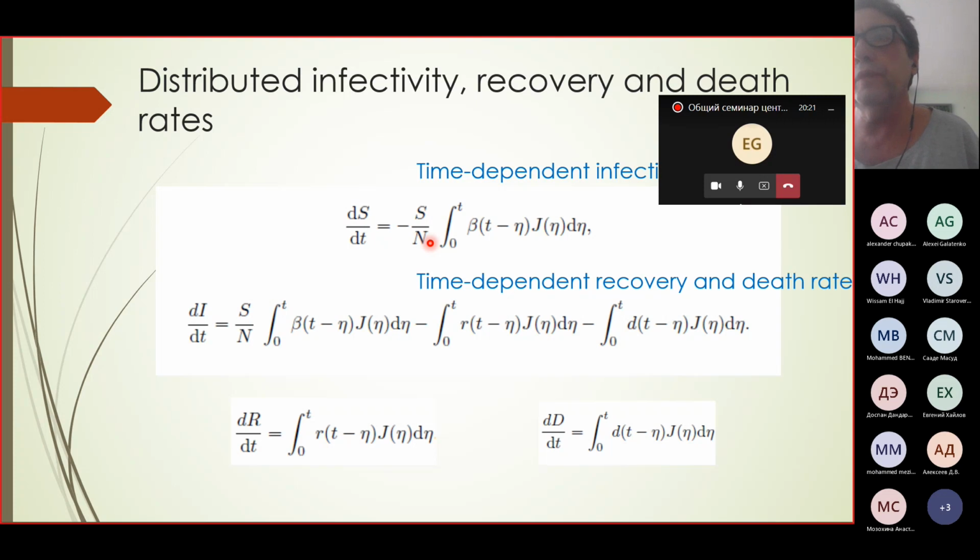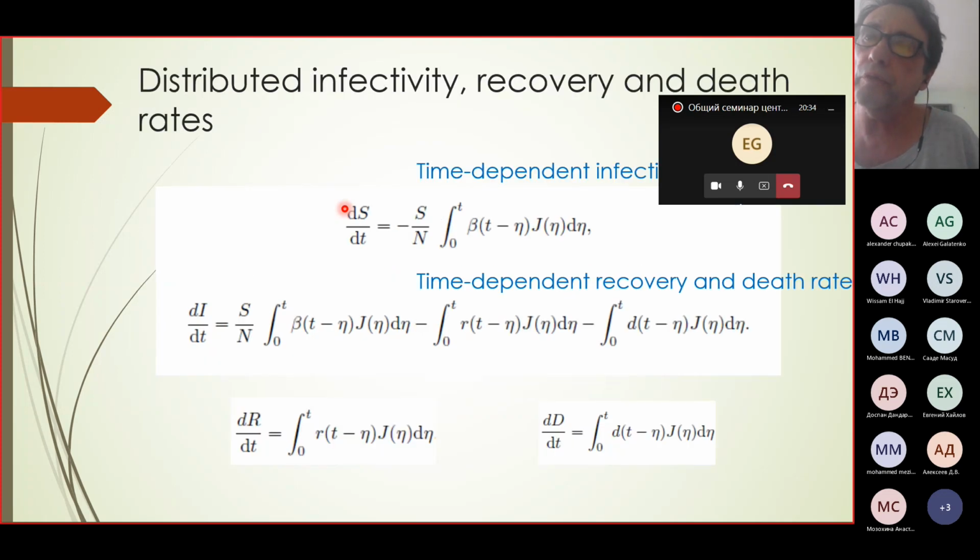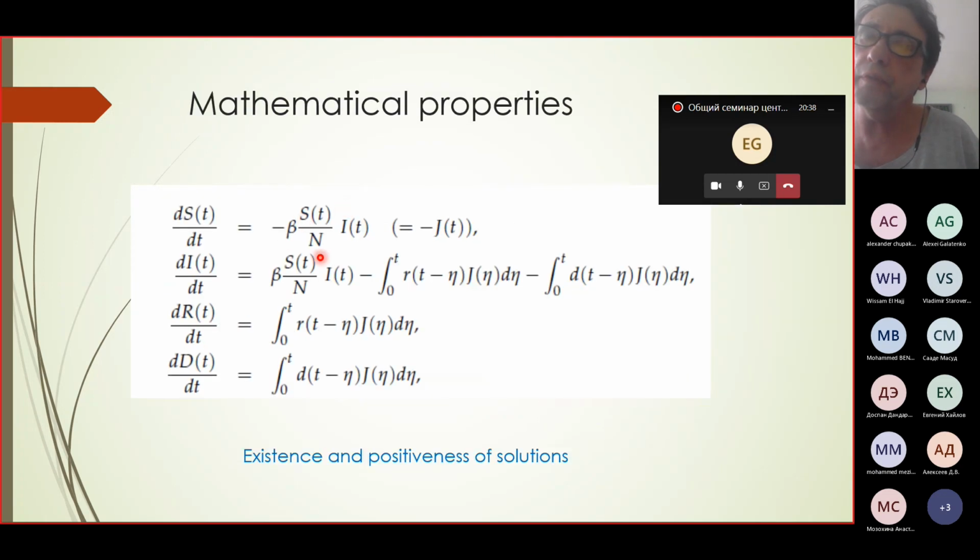But in what follows today, I will consider a simplified model. You see this term now in the first equation: not as I just showed here with distributed infectivity, but we take a constant infectivity and write the same term here as in the SIR model, and also the same term here.